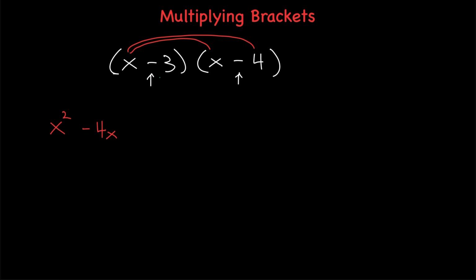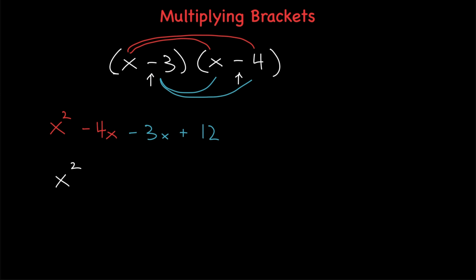And then we take the minus 3. Minus 3 times x is minus 3x. And then minus 3 times minus 4 is positive 12. So a negative number times a negative number becomes positive, and then 3 times 4 is just 12. So we can write positive 12. And then we can just collect the like terms.